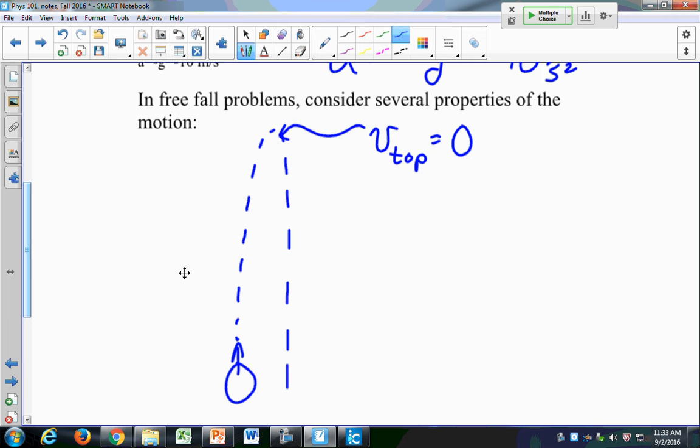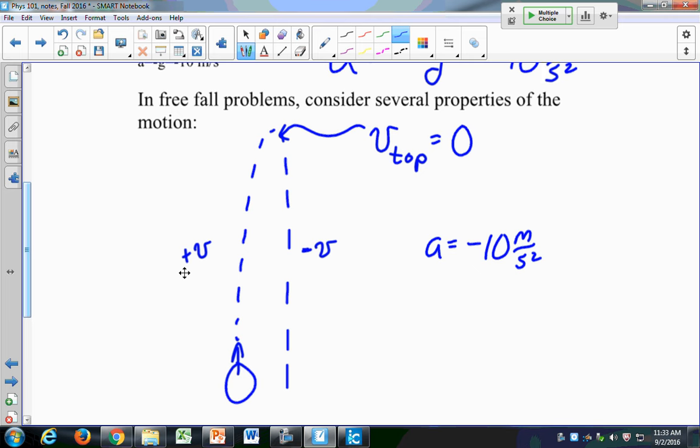It goes up, it stops, turns around, and comes back the other direction. So v top is equal to 0. As it's going up, the velocity is positive. As it's coming down, the velocity is negative. And the acceleration is always equal to minus 10 meters per second squared. Okay?